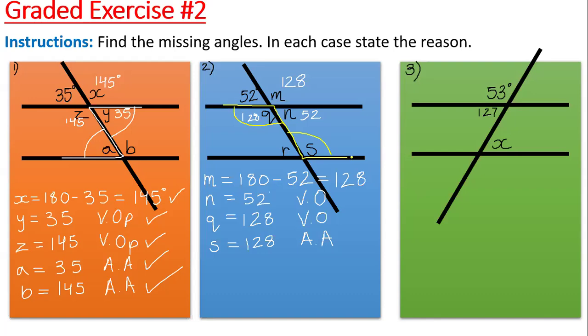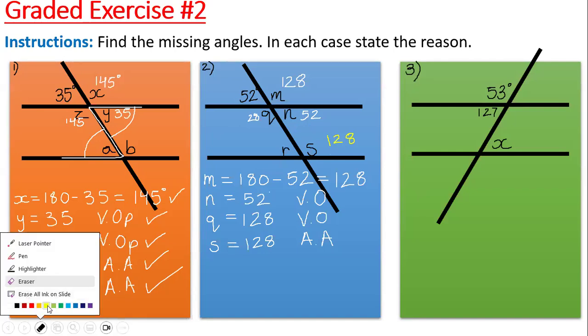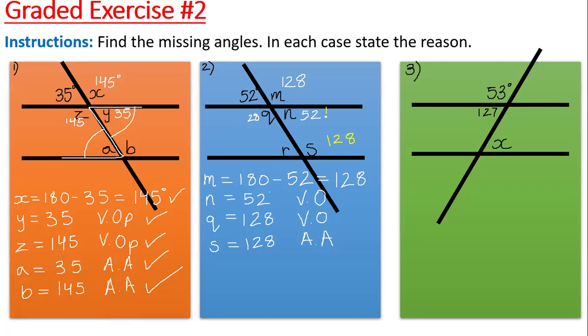So if this is 128, this must also be 128. And if this is 52, which we already know, then the other side must also be 52.